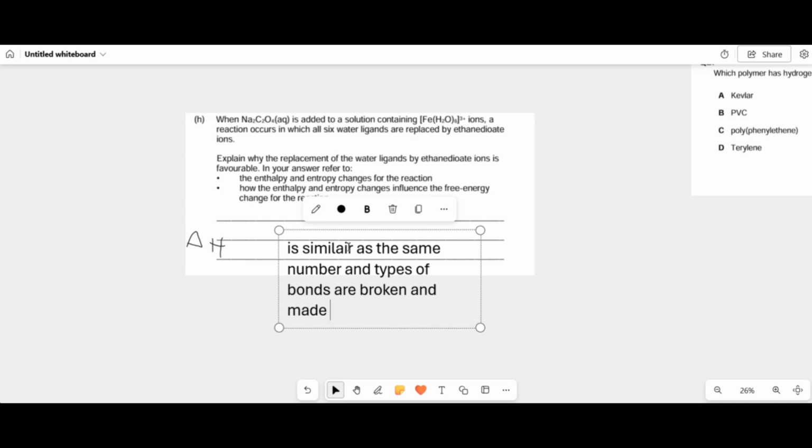All you're doing here is a ligand substitution, so you just take the ligands and substitute them with the other ligands, so it's the same kind of bonds, so no problem. They're broken and made. Okay, safe.